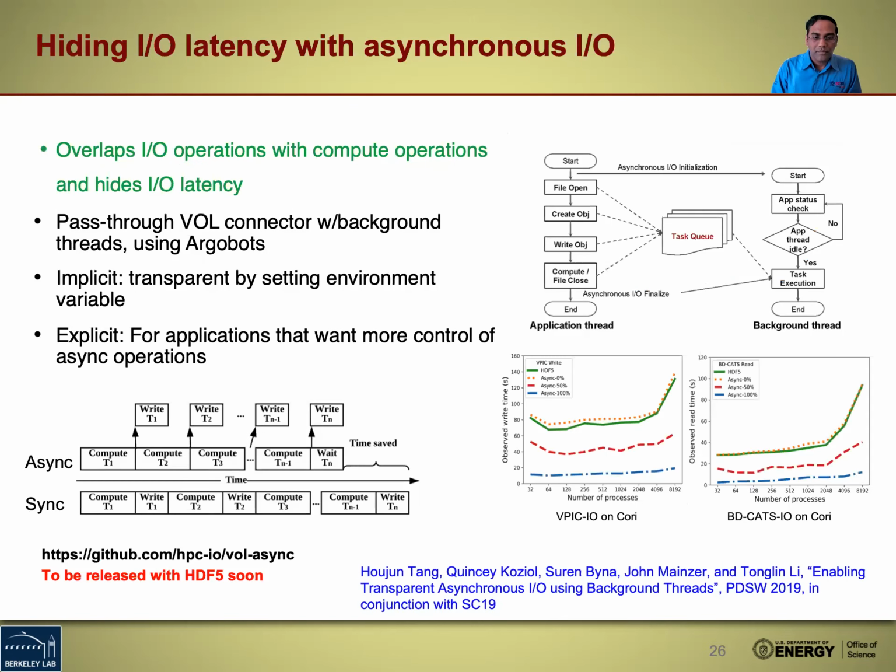Similarly, the async VOL is also available in this HPC IO VOL async location, and it will be released with HDF5 in the next few months, and it'll be available as a package, and anybody can directly use it.